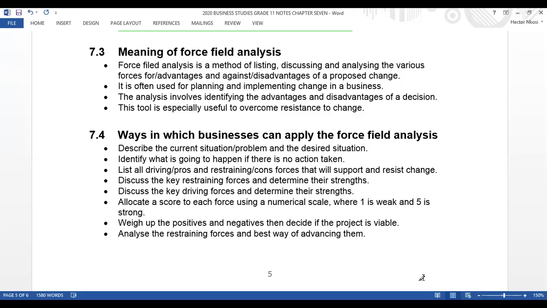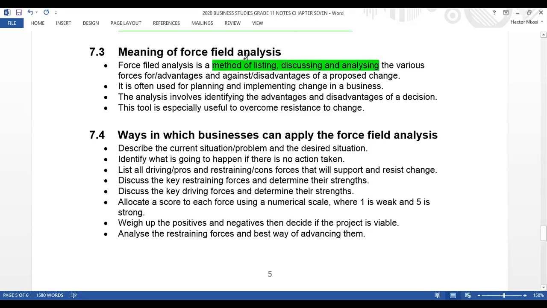Now, let's look at the force field analysis. Your force field analysis, boys and girls, is the method of listing, discussing, and analyzing various forces, advantages and disadvantages of a proposed change. So this is a method of listing, discussing, and analyzing.